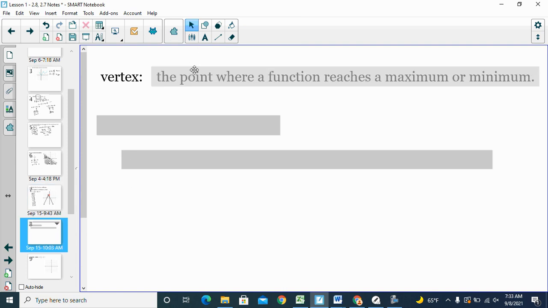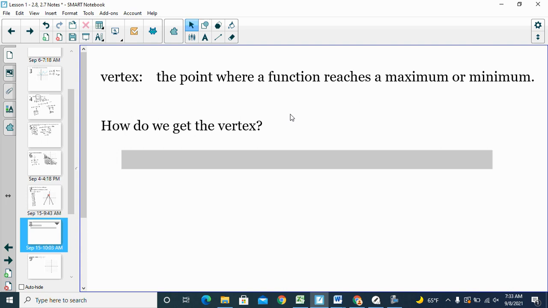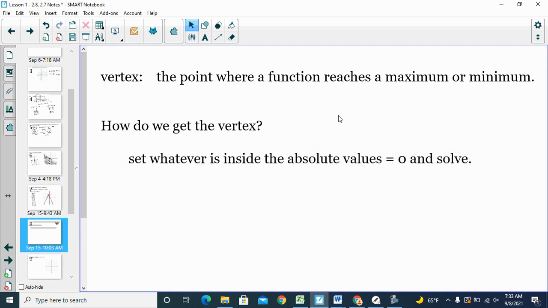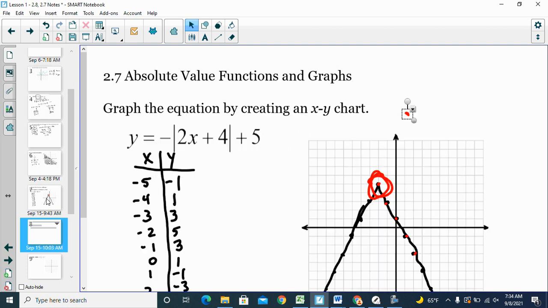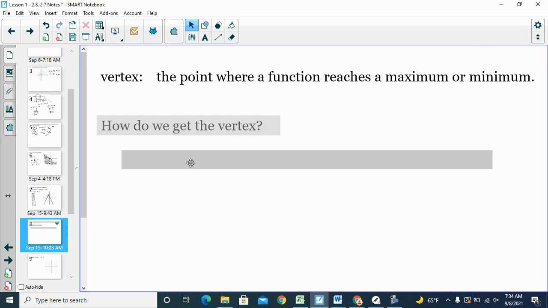The vertex is defined as the point where a function reaches a minimum or a maximum. It is the first point we're always going to need when we are graphing an absolute value equation. To get the vertex, we take whatever's inside the absolute value, set it equal to 0, and solve. That gives you the x value of the vertex. Going back to that last example, 2x plus 4 is inside the absolute value.